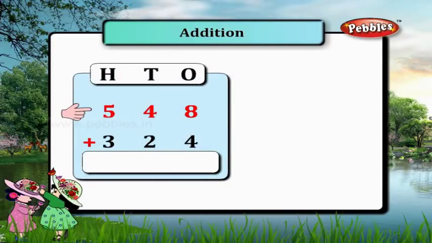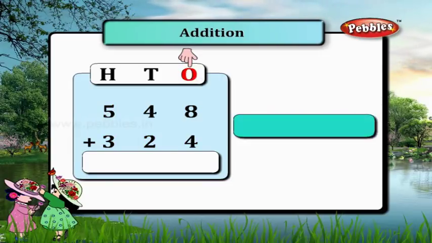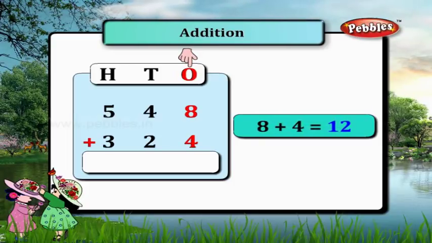548 plus 324. Add the ones. 8 plus 4 is equal to 12. Now write 2 in the ones column and carry over 1 to the tens column.